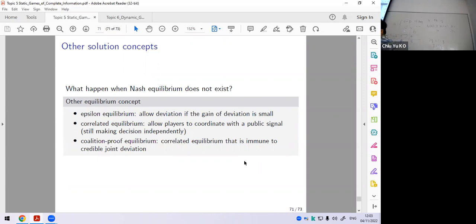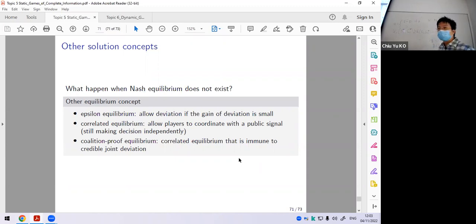So the idea technically means this. The only difference is this guy: I just allow minus epsilon here.